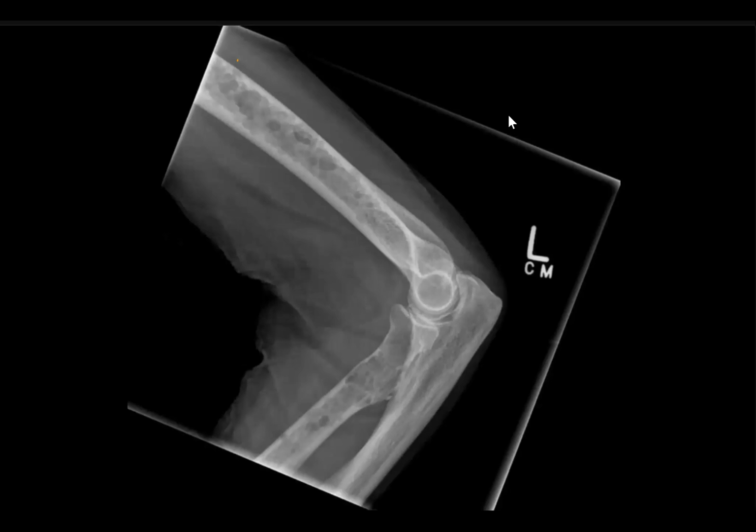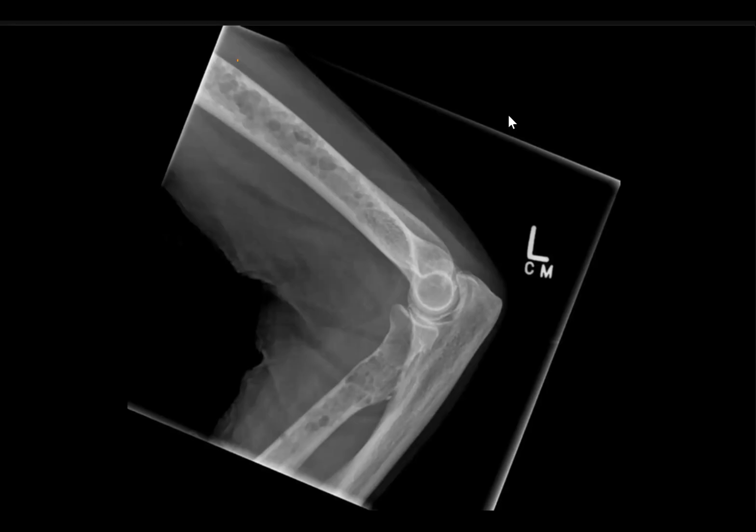This patient is 70 years old with pain. This is an X-ray of the left elbow, lateral projection, in which I can see evidence of multiple lytic lesions in the medullary cavity of the humerus as well as the radius.